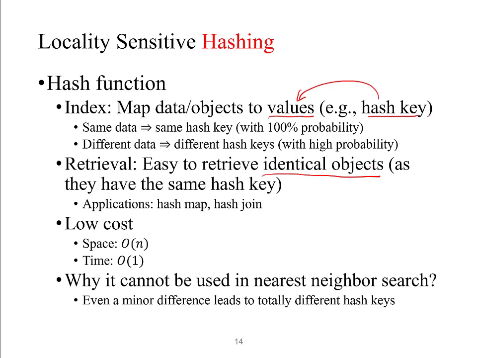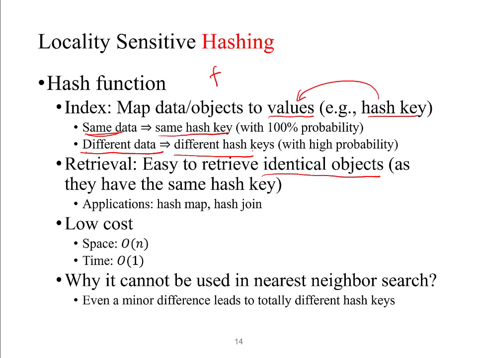The idea here is that same data must have the same hash key, because the function is deterministic. So the function takes the same data and must produce the same hash key. And for different data, we want them to have different hash keys.